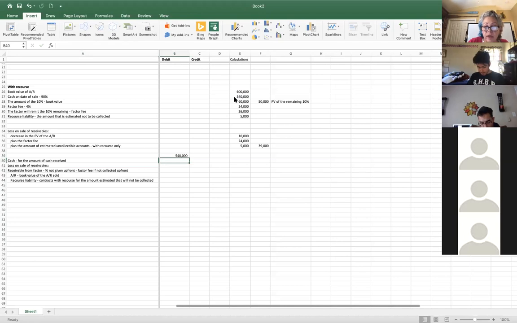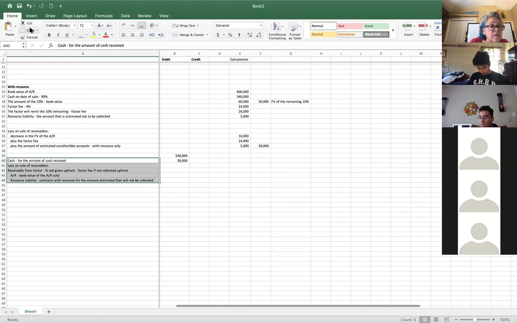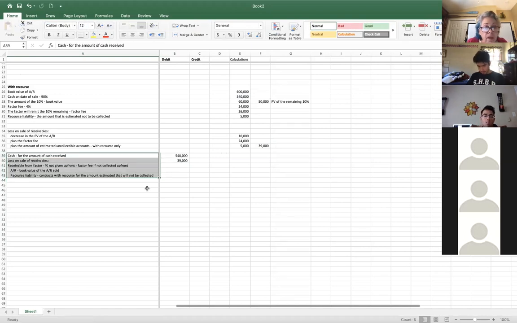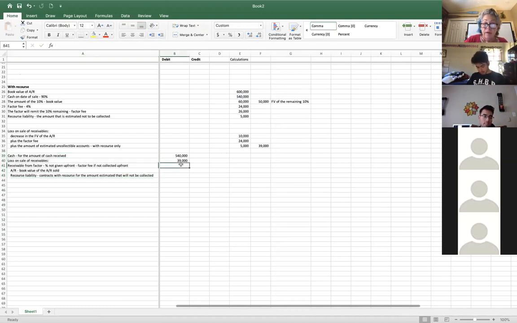It's going to equal the loss that we calculated to be 39,000. The receivable from the factor is the fair value of the 10% minus the factor fee.